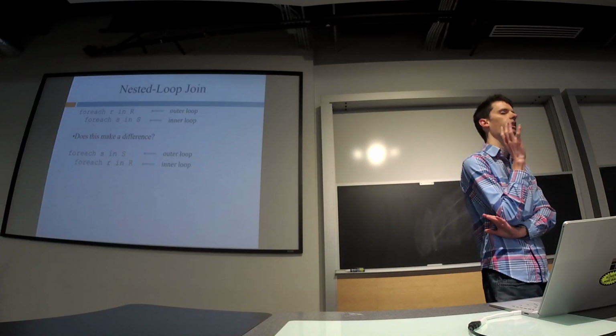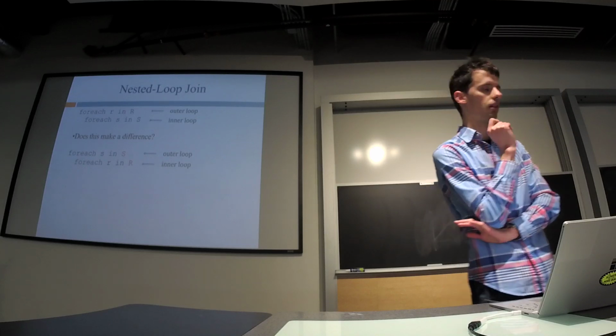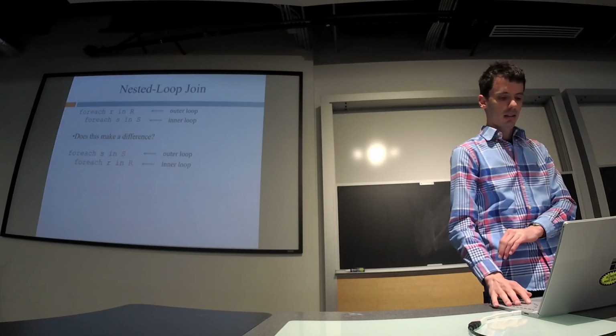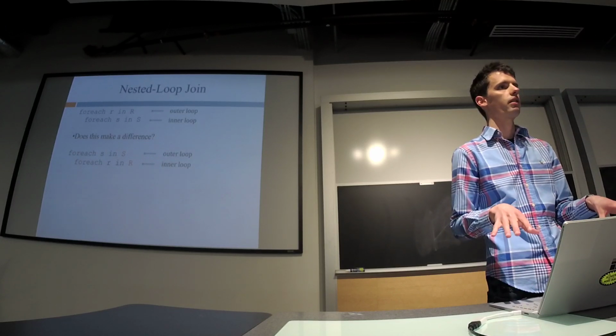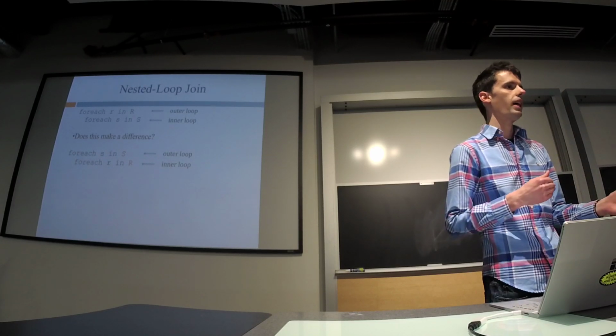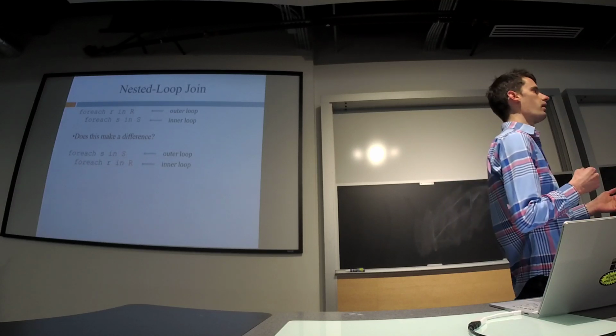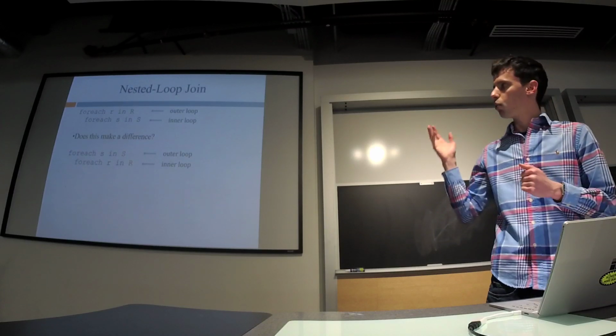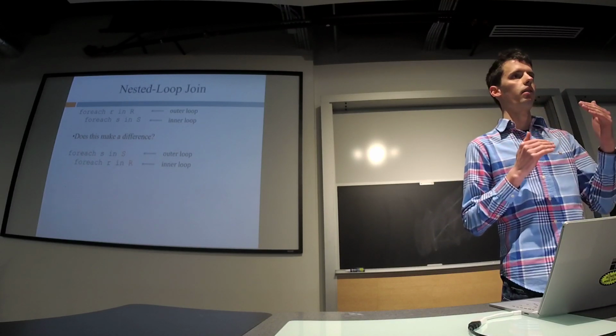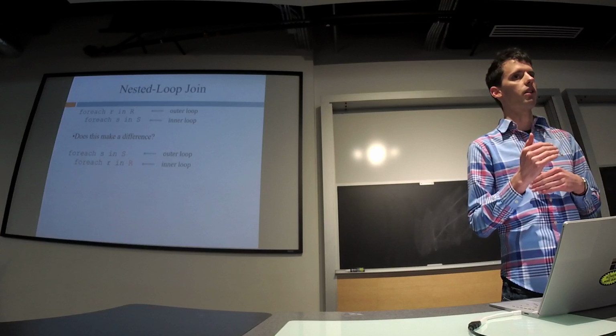So let me actually add to this question a little more. I had the detail on there that only 2 pages could fit at a time. If that wasn't the case, if we could fit more pages at a time in memory, then would there ever be any difference between these 2 loop formations?